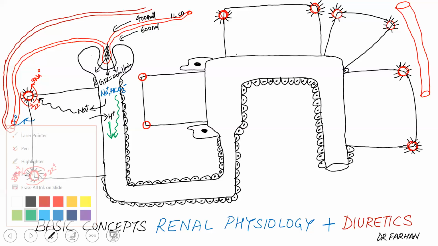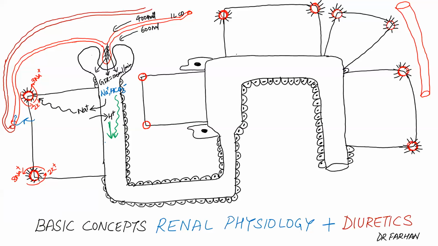The union is taken over by an enzyme present on the luminal side of the nephron, referred to as the carbonic anhydrase enzyme.